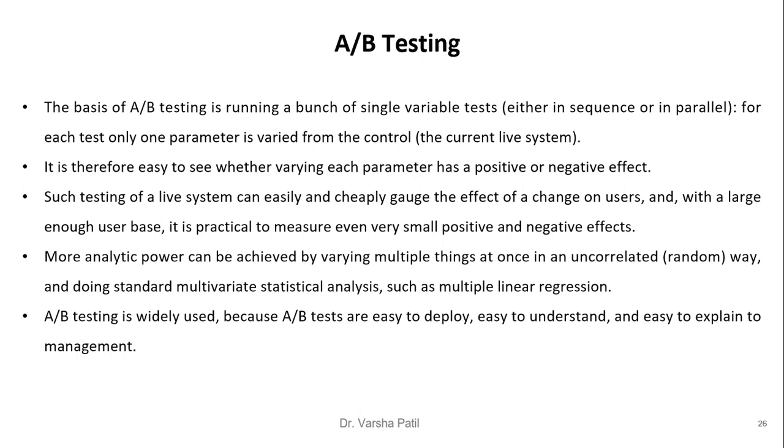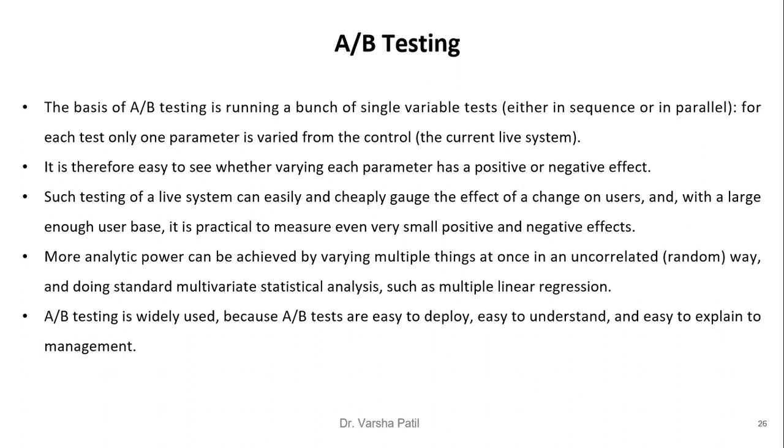A/B testing is widely used because A/B tests are easy to deploy, easy to understand, and easy to explain to management. For example, if we are using one IR system for document retrieval and ranking, and it is using the vector model, after some time, if we develop a new model, what we do is give a few users a different variant of the vector model, and the remaining users will use the basic vector model.